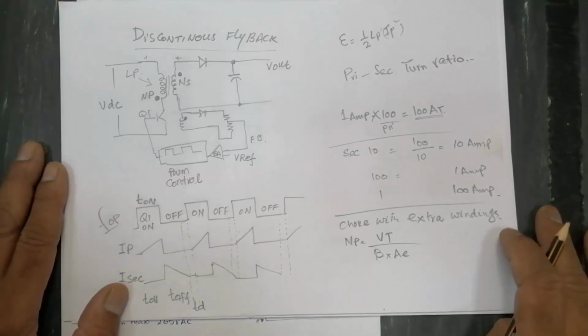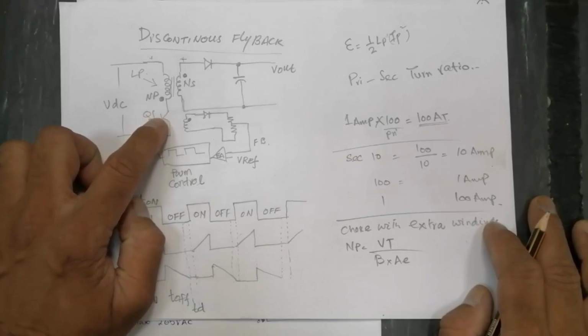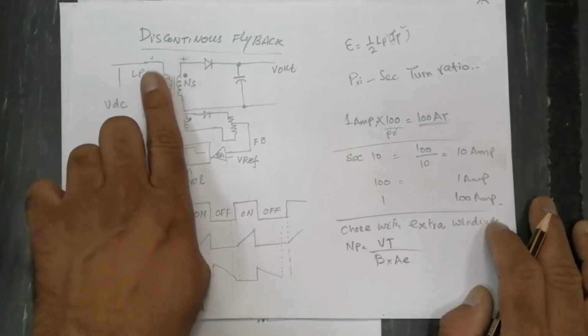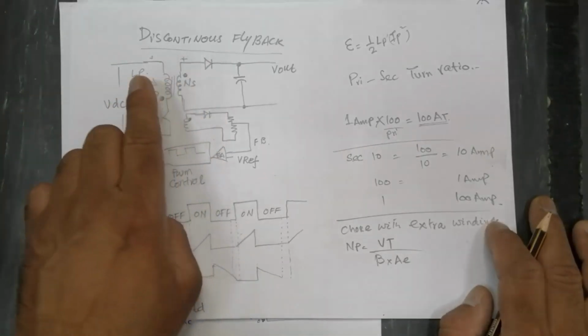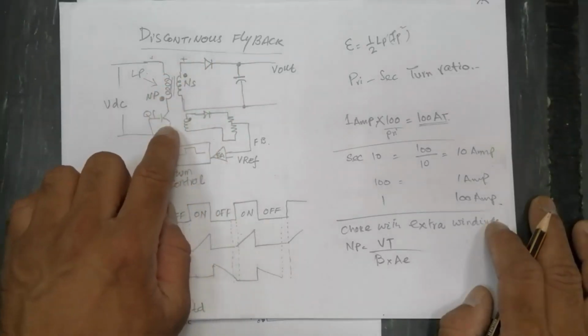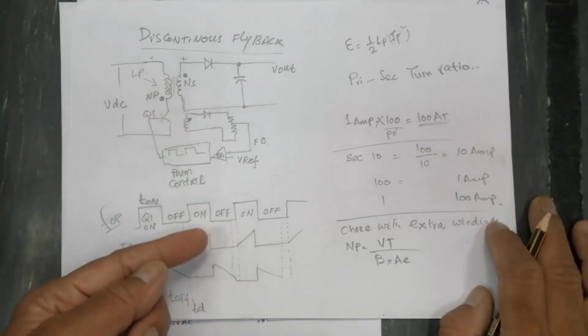The second thing to consider is the voltage stress on this transistor, because in flyback mode if we have equal turns, 100 turns here and 100 here, the stress on the transistor will double. We will calculate this in our next videos.